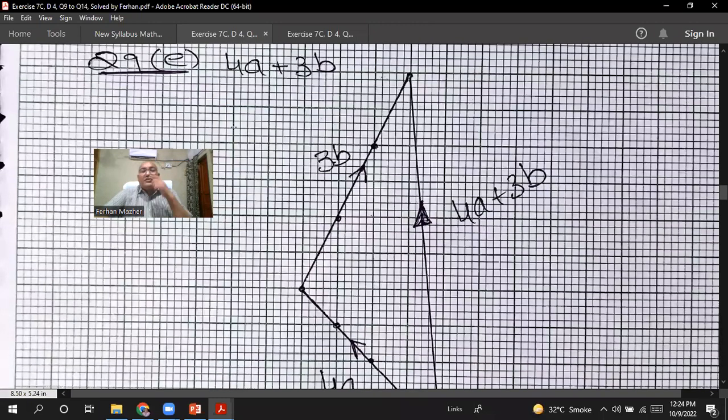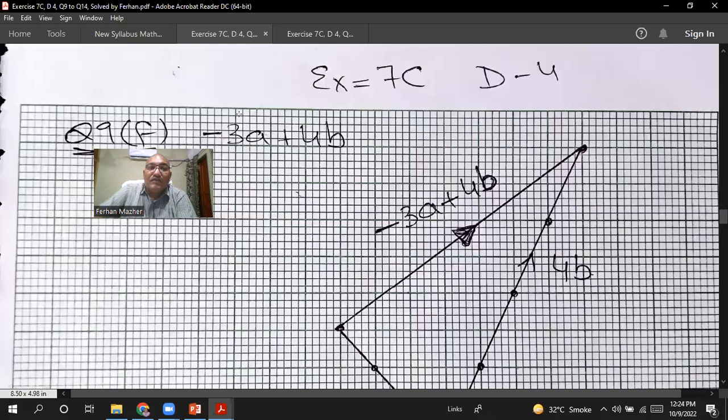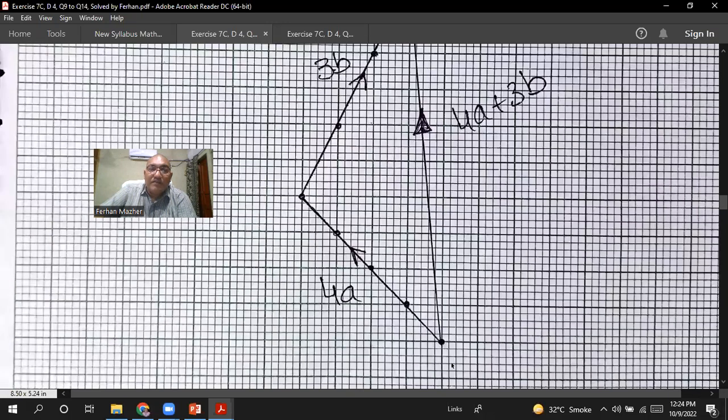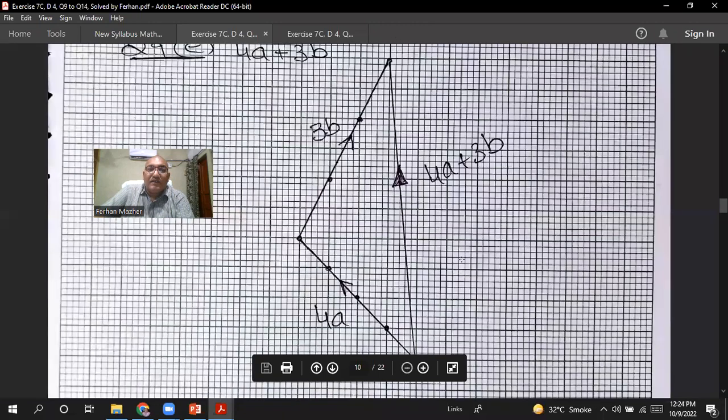So you have to find out 4a plus 3b. So you can start from anywhere. Now I will start from here at the bottom. One step to the left, one step up, one step to the left, one step up, one step to the left, one step up, one step to the left, one step up.